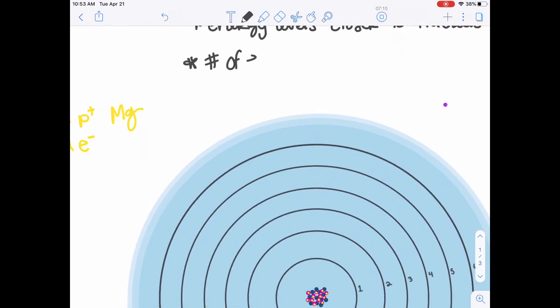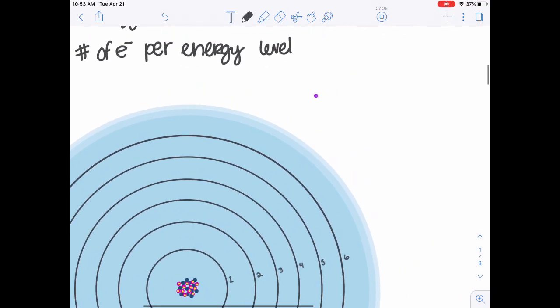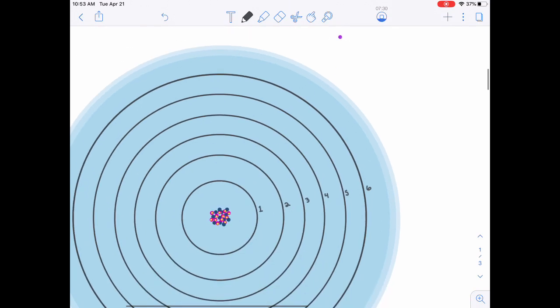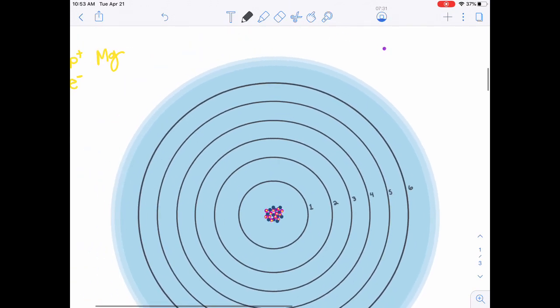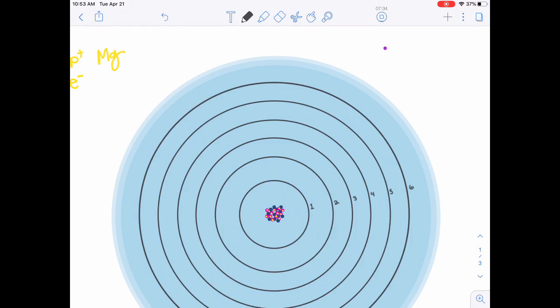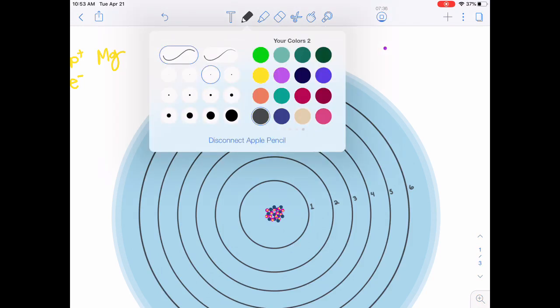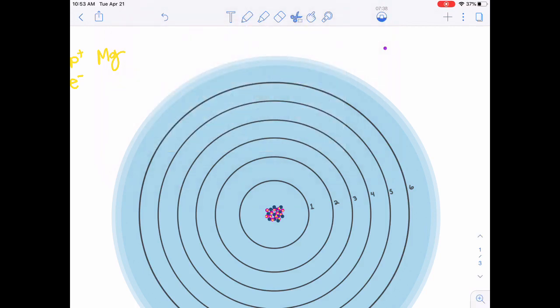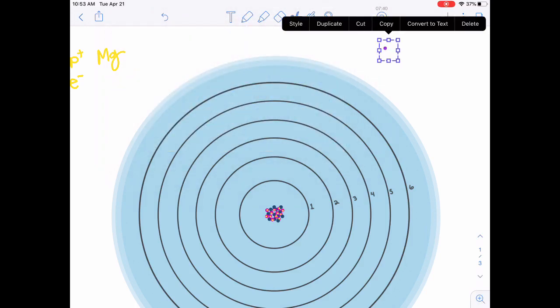Number of electrons per energy level changes. And so I'll walk you through that as we fill in this for magnesium.